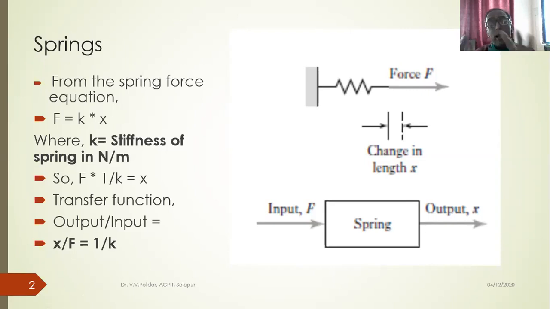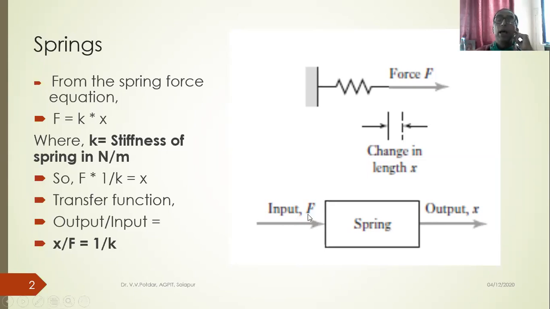So in the block diagram, which we'll be studying later, how is the representation? Please be attentive. On the left hand side, I have the input, and on the right hand side, I have the output, whatever the parameter is, and inside this rectangular block, I'll be writing the transfer function value. In this case, it will be 1 upon K. Now, in my spring case, what is the input?